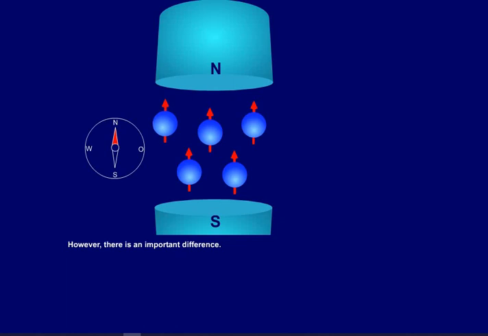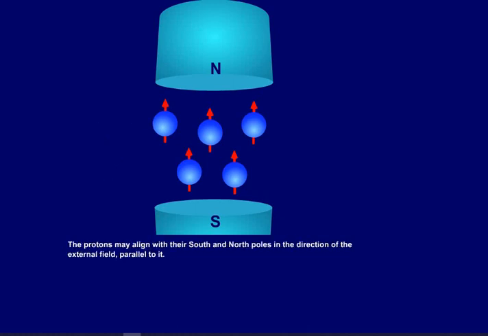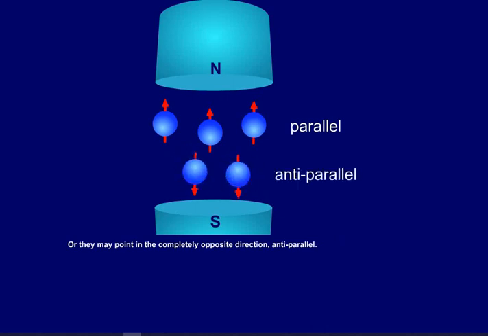However, there is an important difference. For the compass needle, there is only one way to align itself with the magnetic field. For the protons, however, there are two. The protons may align with their south and north poles in the direction of the external field, parallel to it, or they may point in the completely opposite direction, antiparallel.